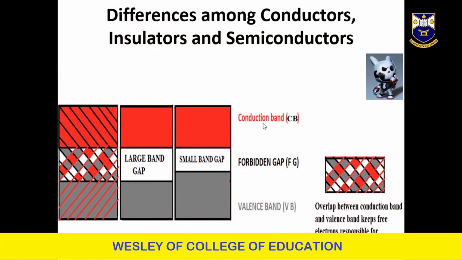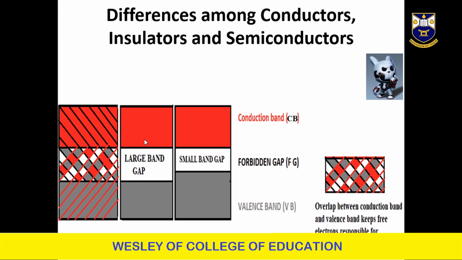Now, if you come to the insulator, there is a large band gap or forbidden gap, which means that if there were electrons in the valence band, those electrons need some amount of energy to skip the forbidden gap in order to get into the conduction band for conduction to take place.